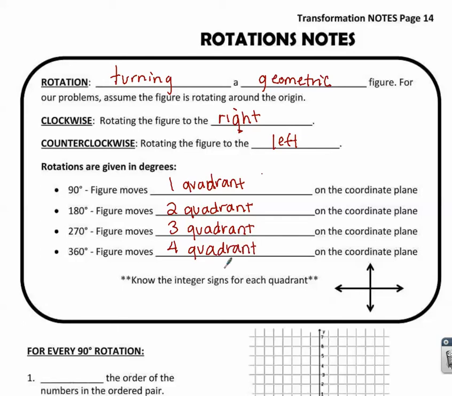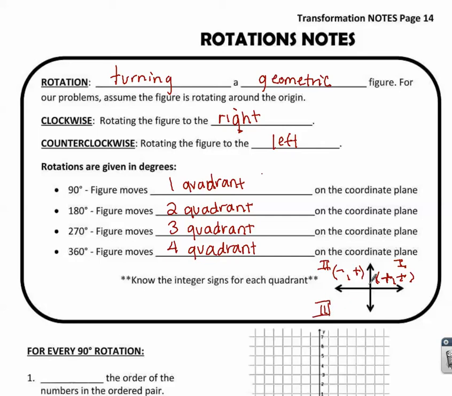And you need to know your integer signs for each quadrant. For example, in quadrant 1, because you go right and then up, your x value is positive and your y value is positive. In quadrant 2, because you go left, your x is negative, and then up, your y is positive.